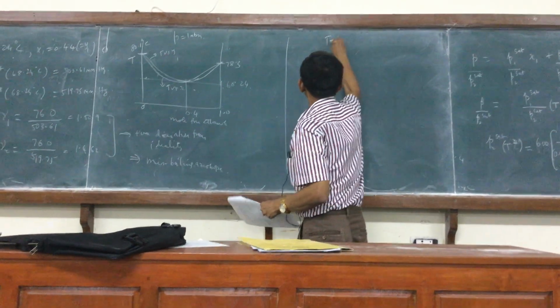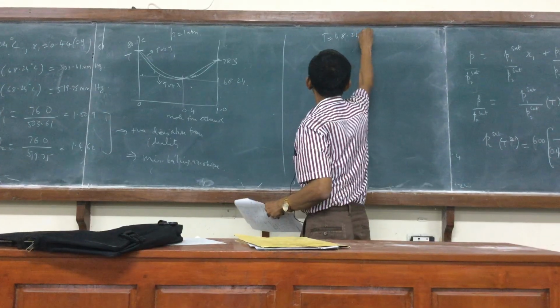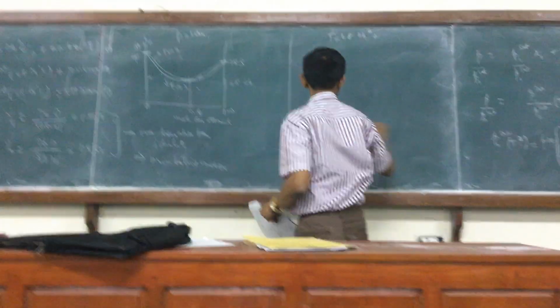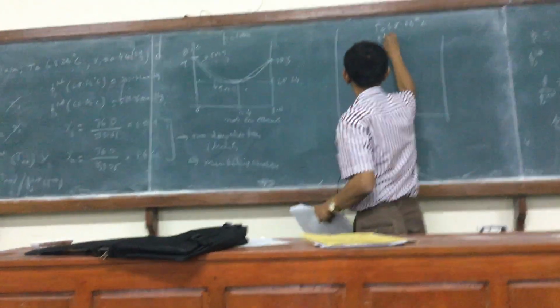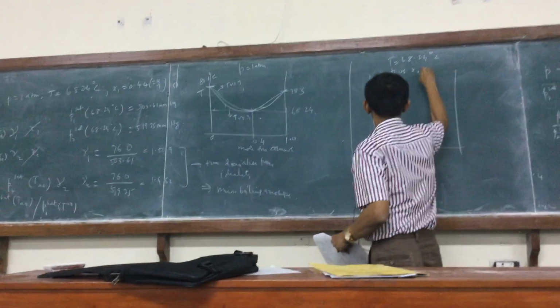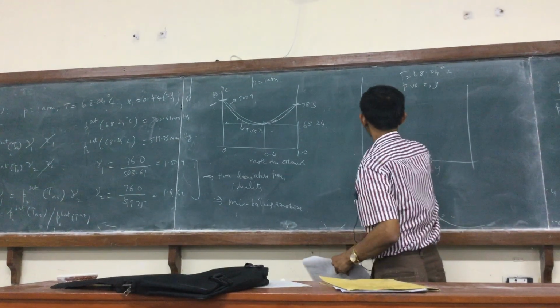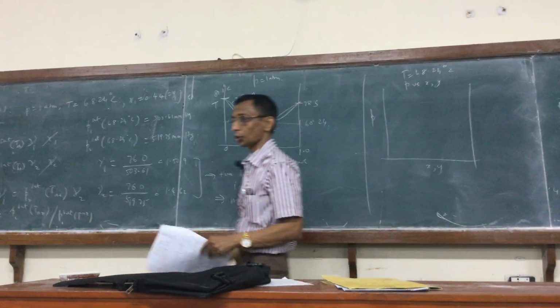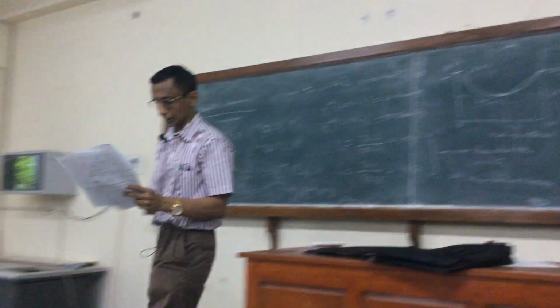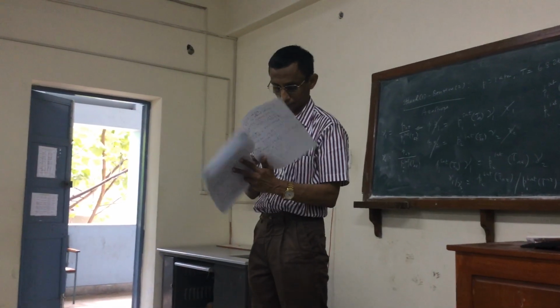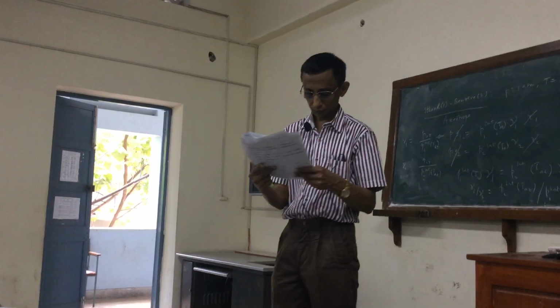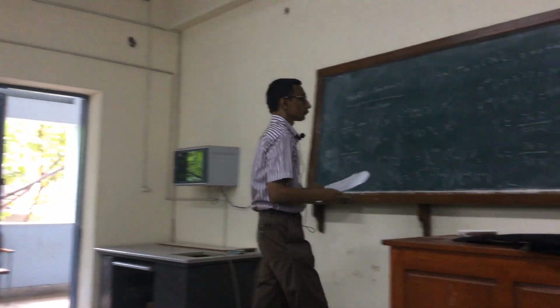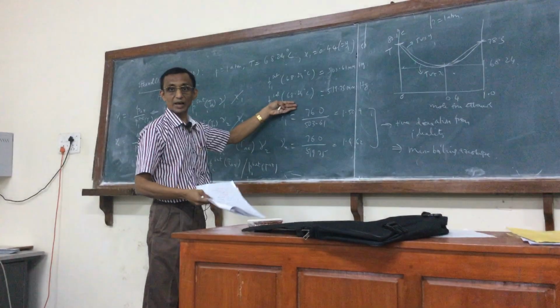So at T equal to 68.24, if I were to plot the pressure versus X, so I have X and Y here. The pressure, it is easy to show, of course I have the saturation pressure values here.